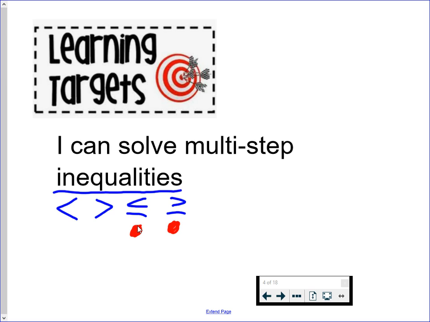And then if there's no line underneath, it's just less than or just greater than, that's going to be an open dot. Is it coming back to you? You're kind of remembering it?